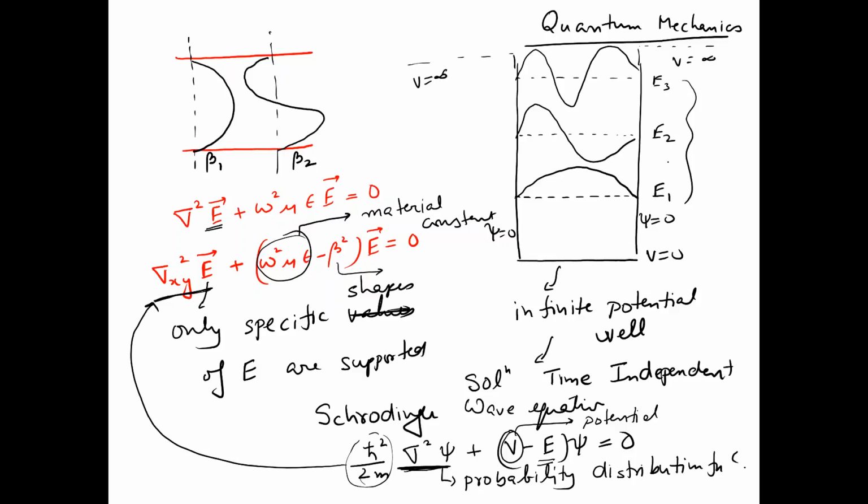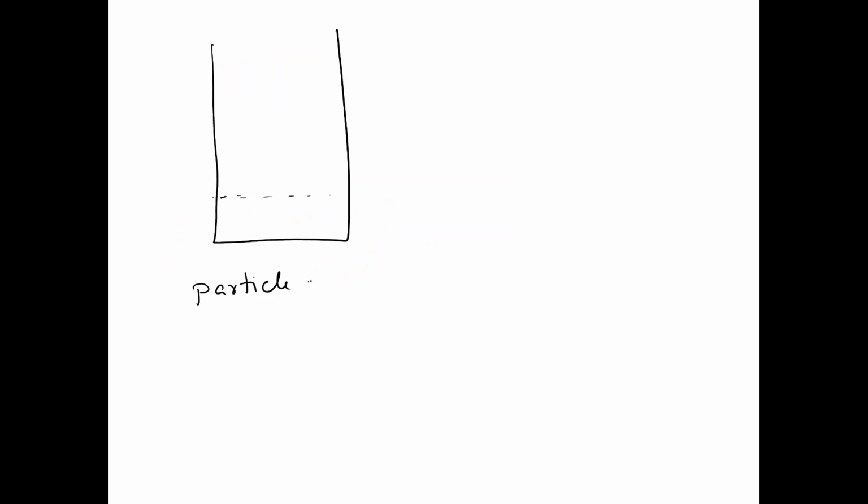E is the energy. So basically, if I try to put some particle in a quantum well, so this is called particle in a quantum well, and normally the idea is to put an electron in a quantum well.